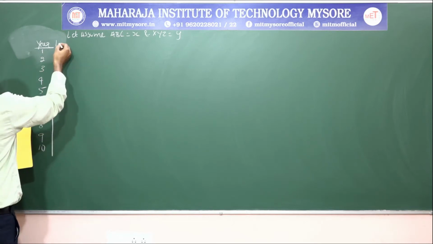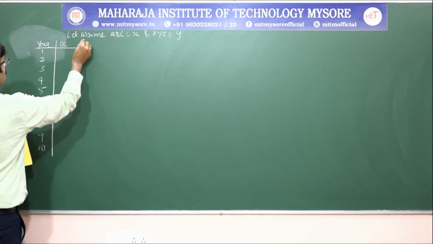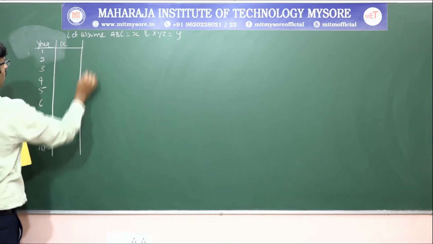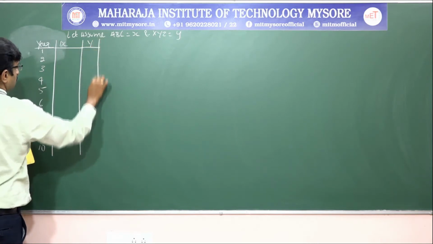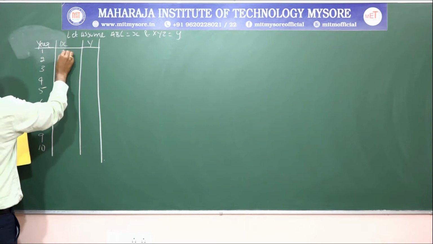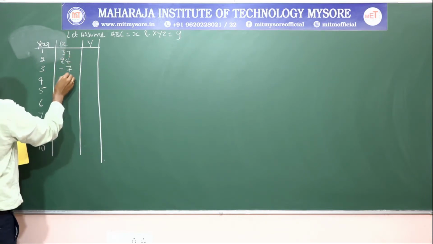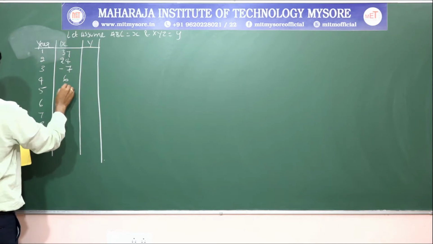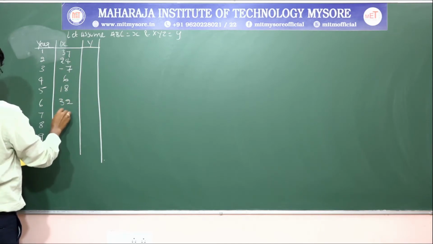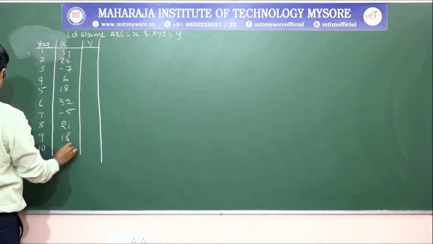So, ABC company first you take it, that we call as X. Okay, ABC is called X. Then they have given Y, that is XYZ. You take the return for X: 37, 24, -7, 6, 18, 32, -5, 21, 18 and 6.